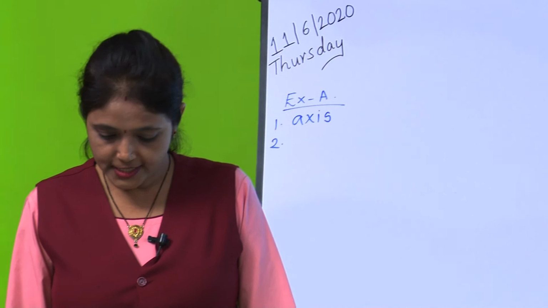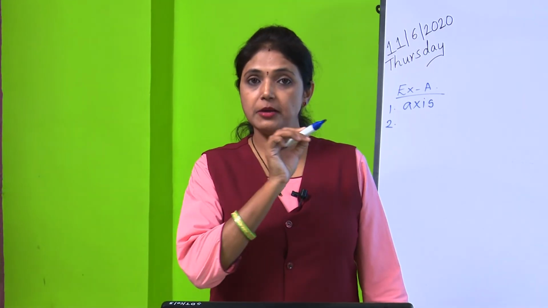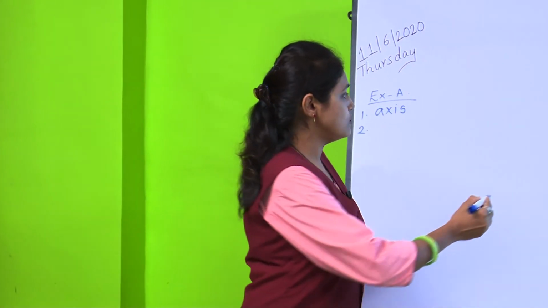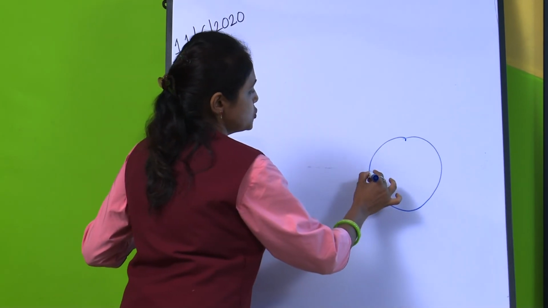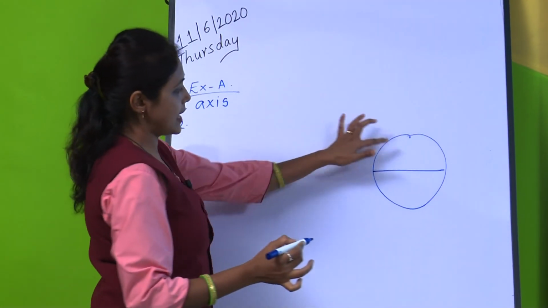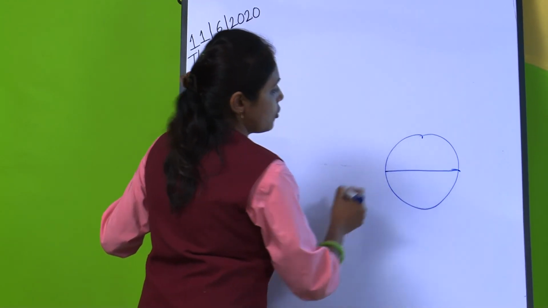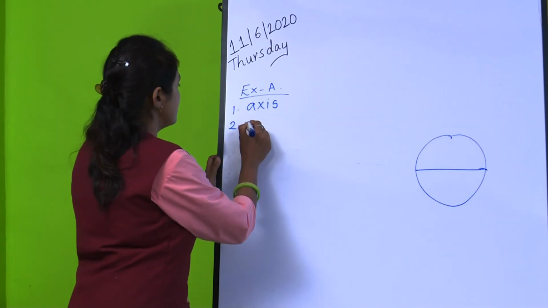The earth is divided into two hemispheres along an imaginary line called the what? Now this is the earth and it is divided into two exactly equal parts. What is this imaginary line called? It is called the equator. Very good.